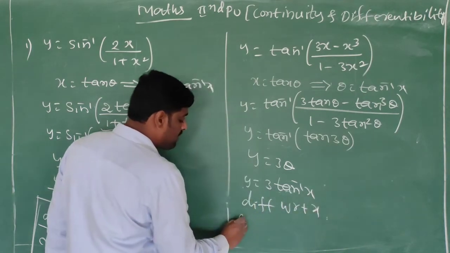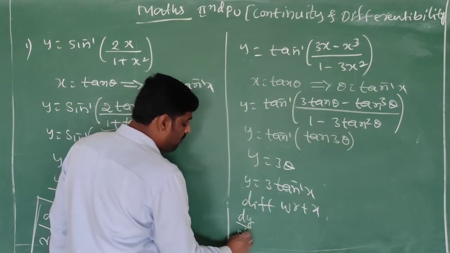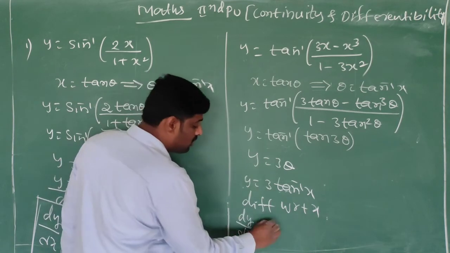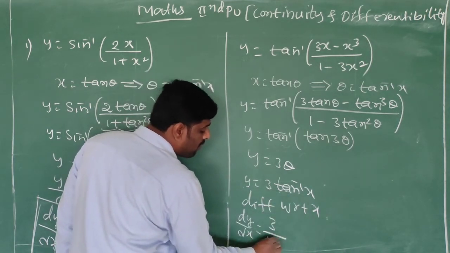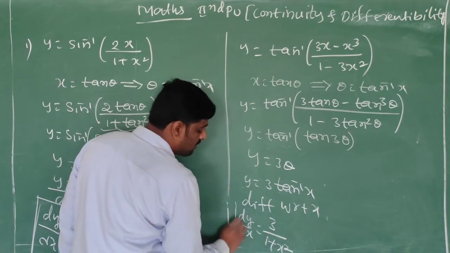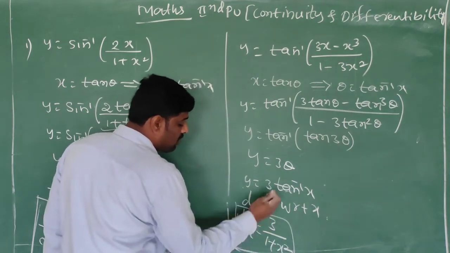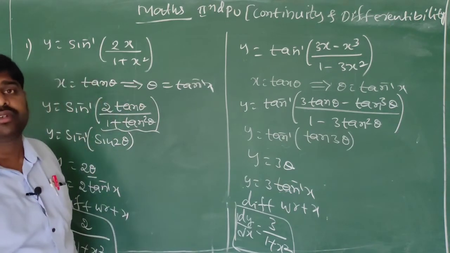Dy by dx is 3 divided by the differentiation of tan inverse x, which is 1 divided by 1 plus x square. Dear children, these problems are very very important.